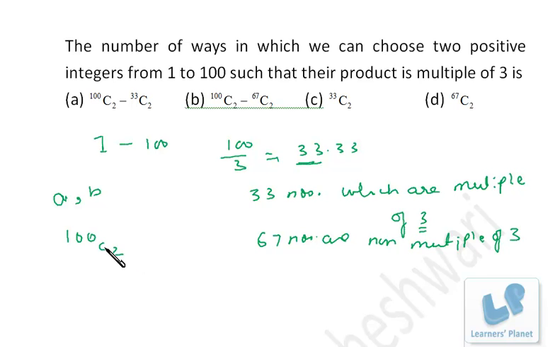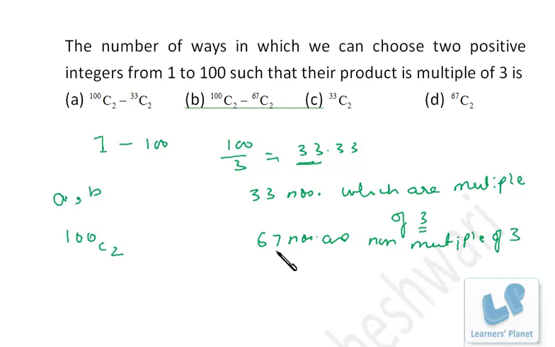Now these two numbers are A and B. So we are choosing two numbers from 100, and we will get these many combinations. From these combinations, we deduct the combinations that we get by choosing two numbers from these 67 numbers, because none of these 67 numbers is a multiple of 3.